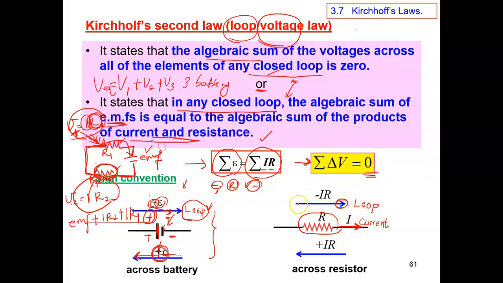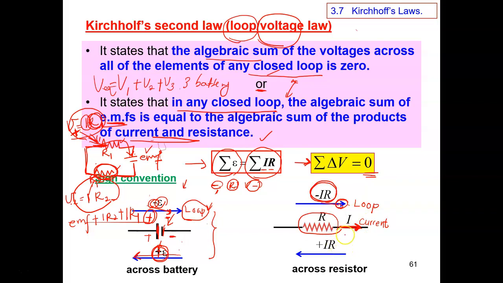So let's say when I pass through this resistor, and the directions of the loop is similar with the directions of the current, the value of V for this resistance is equal to negative. And vice versa.